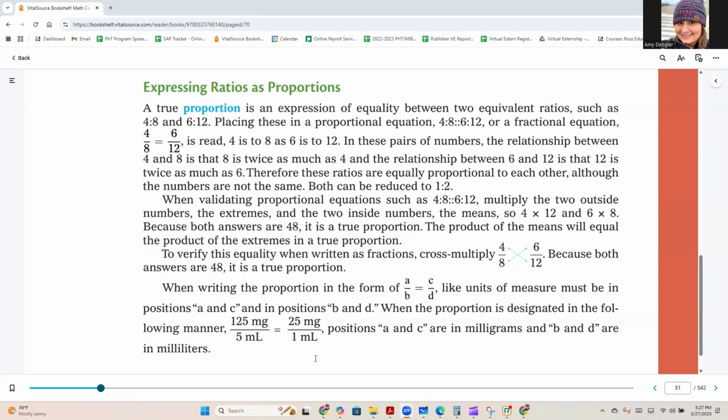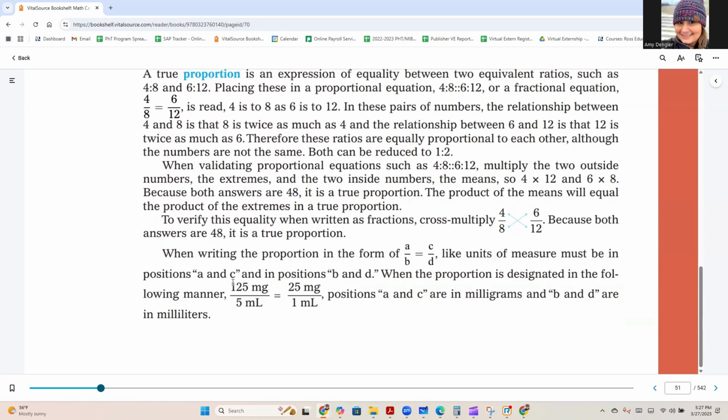To verify this equality when written as fractions, cross multiply. Because both answers are 48, it's a true proportion. So that's one way that makes it nice for us in the medication world, that we can double check our answers by cross multiplying, and we'll talk more about that as time goes on.